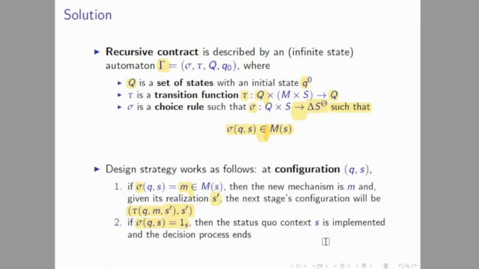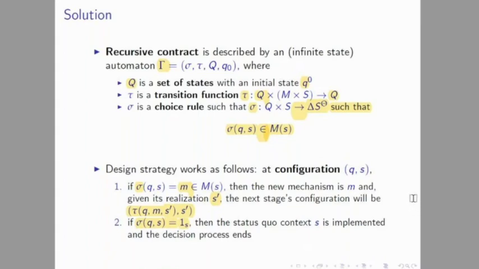It specifies implicitly a mechanism for each counterfactual history of renegotiation, whatever sequence of mechanisms we choose. It proposes either a mechanism to be implemented or the current status quo outcome to be implemented.